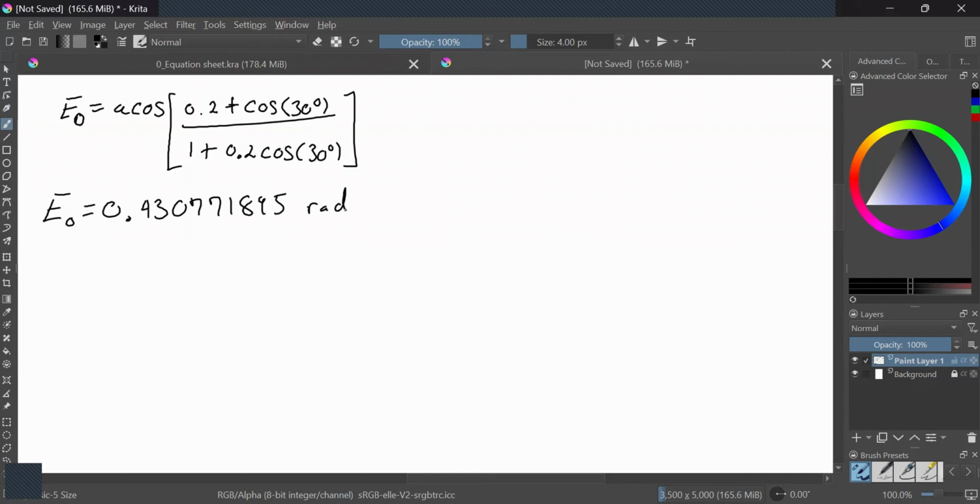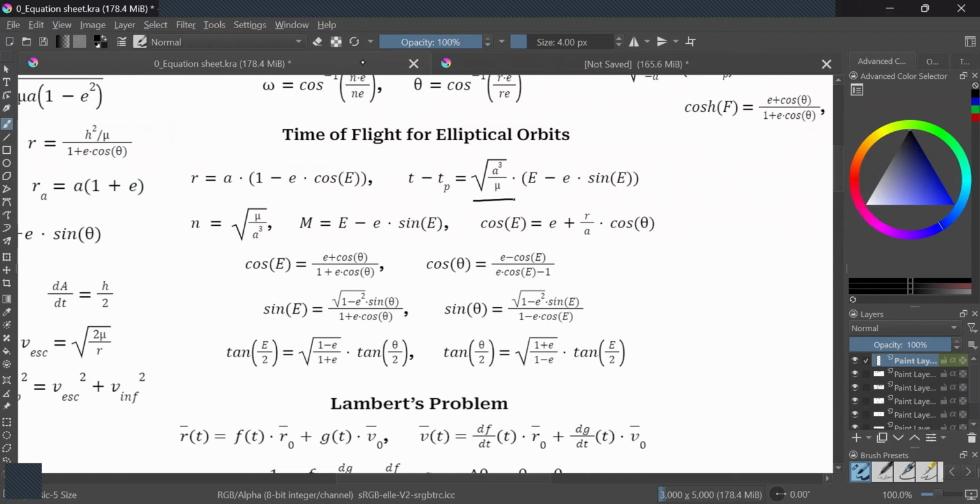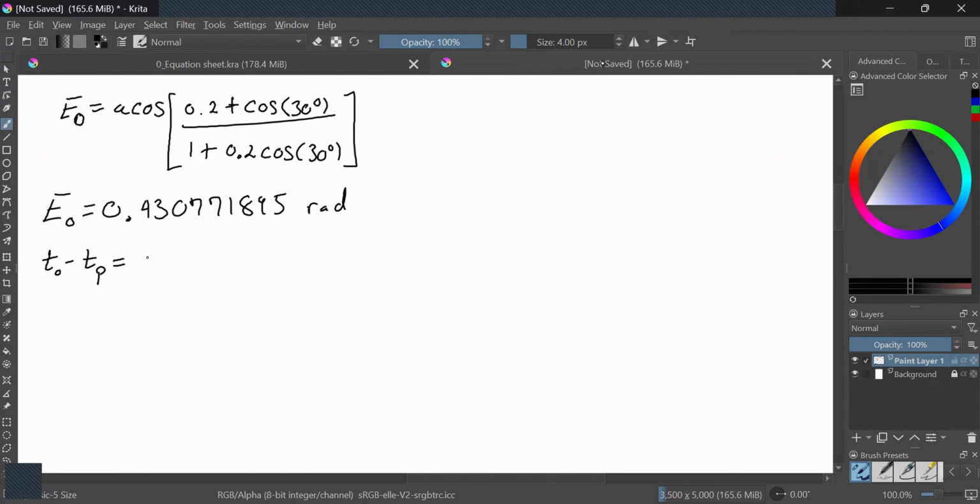So t0 from the periapse is the square root of a cubed over mu, the mean motion, so 20,000 cubed over mu, 3.986 times 10 to the 5th.